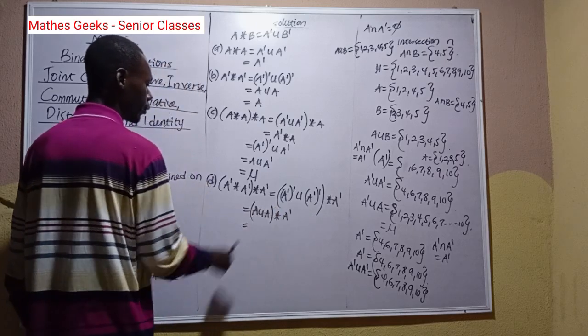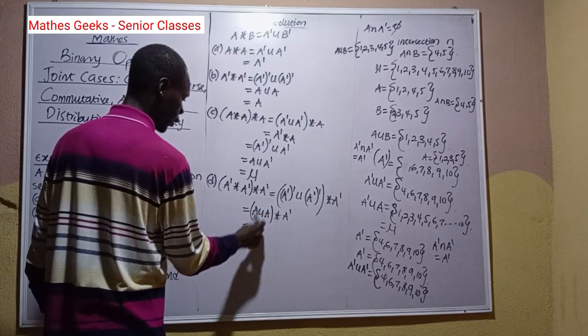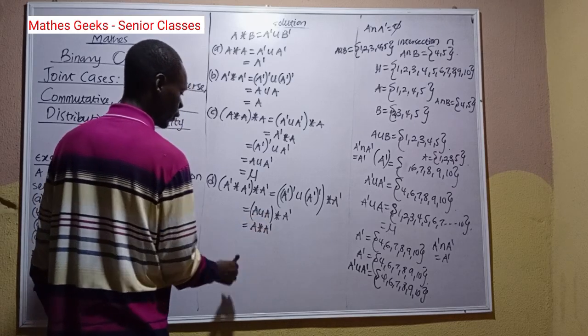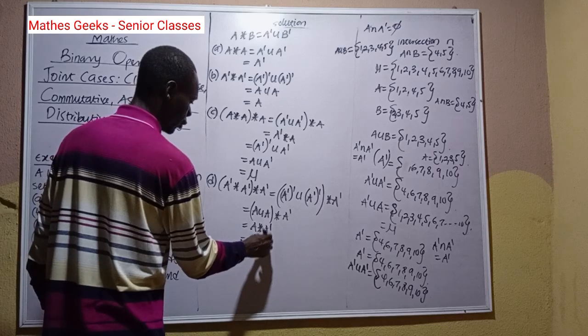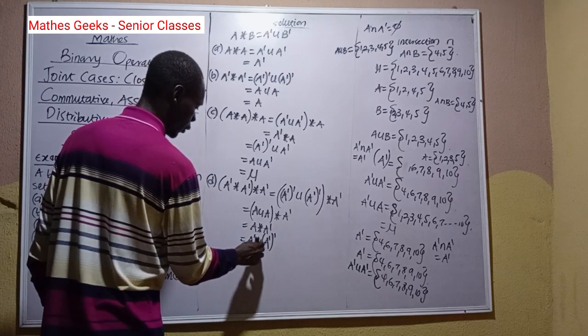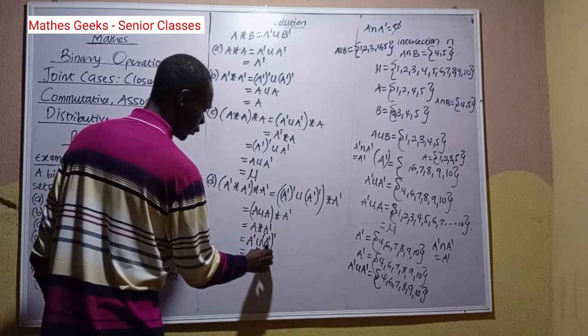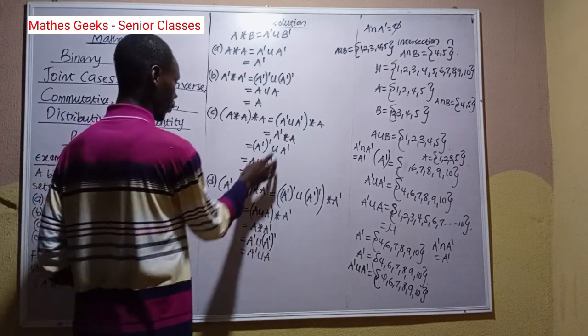A union A will give us A, and that will give us A star A complement, and this will give us A complement union E complement. So this will give us A complement union E. This is the same thing as what we have here.